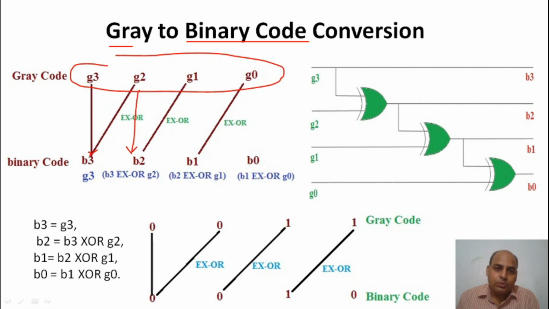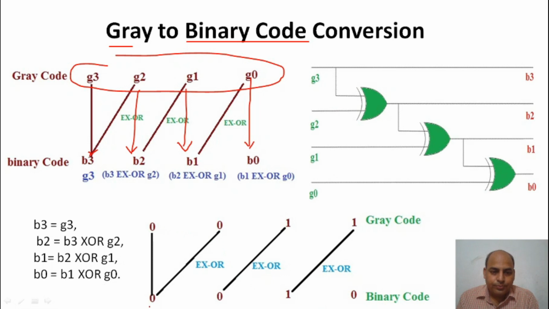Next, B2 and G1 undergo the XOR operation, written as B1, and finally B1 and G0 undergo the XOR and are written as B0. So, taking an example, suppose we have a gray code of 0011 and we want to convert it into equivalent binary.